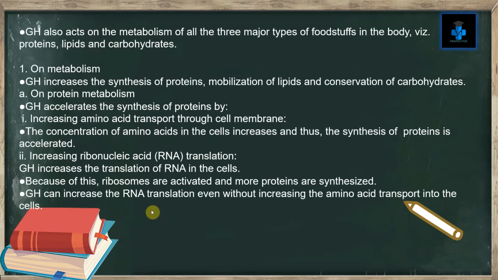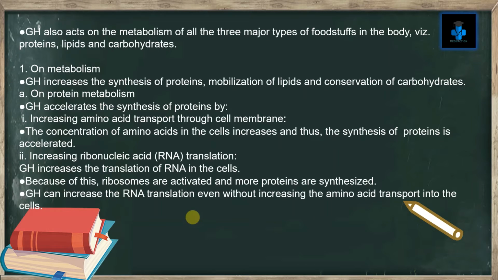Growth hormone also acts on the metabolism of all the 3 major types of foodstuffs in the body, which are proteins, lipids, and carbohydrates. On metabolism, growth hormone increases the synthesis of proteins, mobilization of lipids, and conservation of carbohydrates. Let's get in detail.